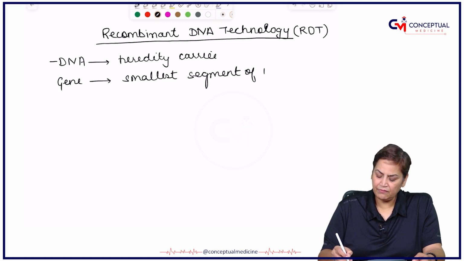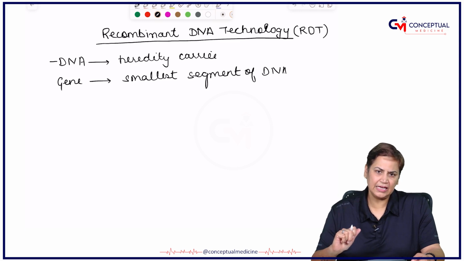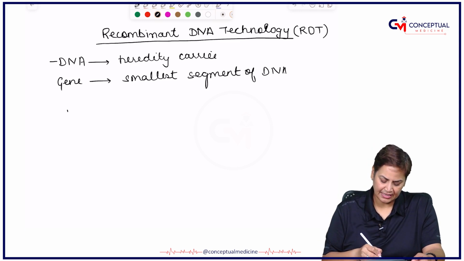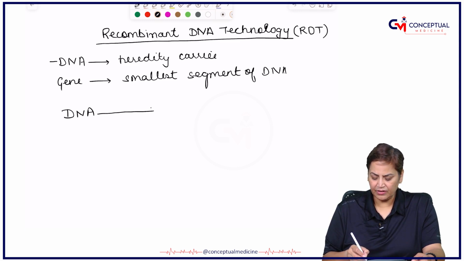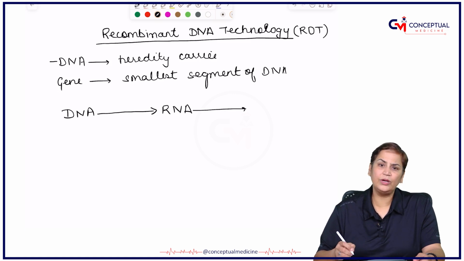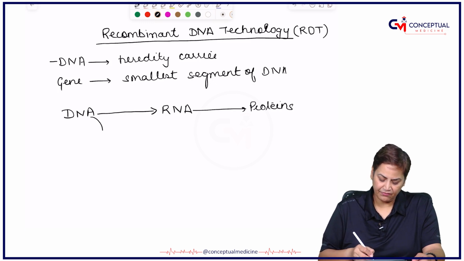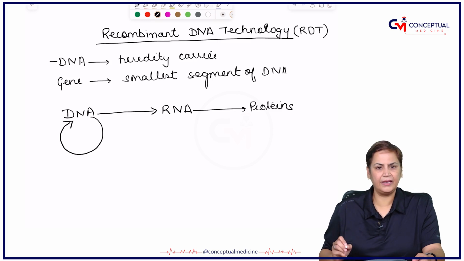Right. And if we talk about how the flow of information happens in the body, we always say that this DNA is converted first into RNA. And this RNA is going to translate the information in the form of proteins. And DNA will also be converted into DNA.